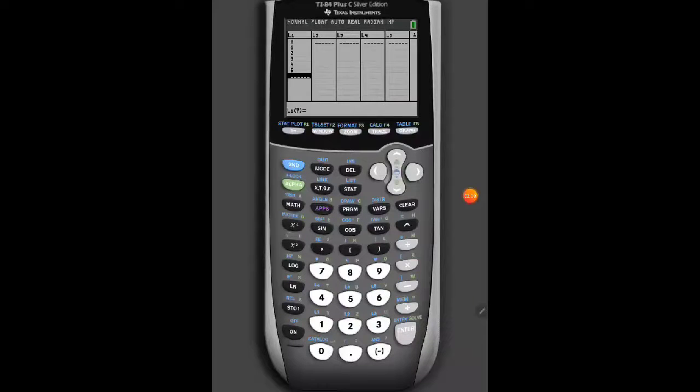And then in list 2, we're going to use the right arrow here. Punch in our data. 24.604. Enter. So these numbers are just from the table.